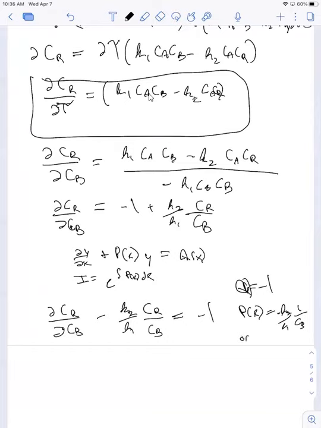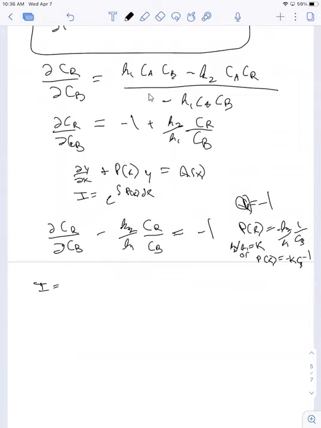I'll just simplify this to say K2 over K1, oops, sorry, K1 equals big K. And then we'll just say P of X equals negative big K CB to the -1.